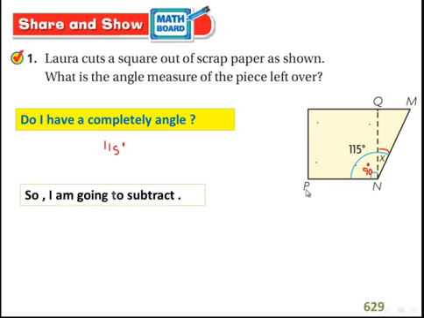Great job. So I'm going to subtract now. Subtract what? 115 degrees minus 90 degrees to get the piece left over, which measures 25 degrees. So x equals 25 degrees.